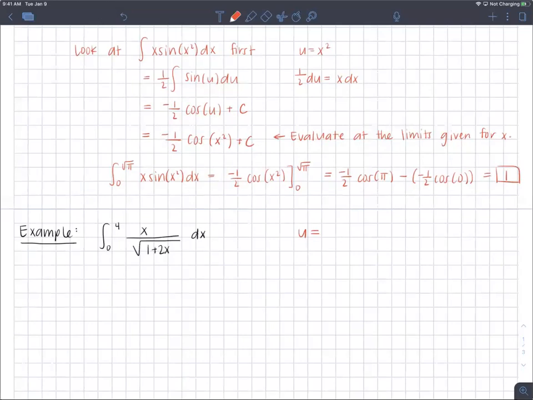And the reason why is because when you take the derivative of that square root, you would get another square root, but we only have 1, right? And so here, u is not going to have that square root in it, because then you would get something like 1 over the square root of whatever, right? And so I'm just going to have 1 plus 2x, which means that du is just 2 dx.